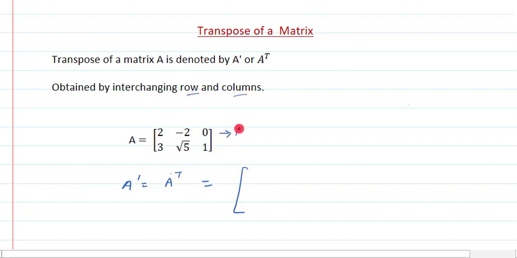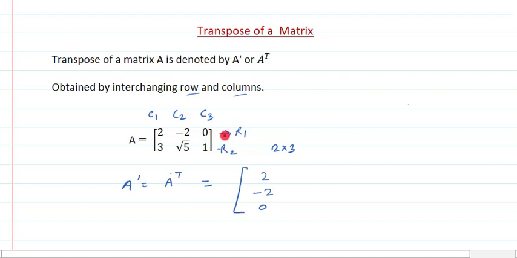Here we have two rows, R1 and R2, and three columns, C1, C2, C3, and the order is 2 by 3. So let us interchange rows into columns, or we can say columns into rows. Row 1 will be written as C1, so C1 will become 2, minus 2, 0.